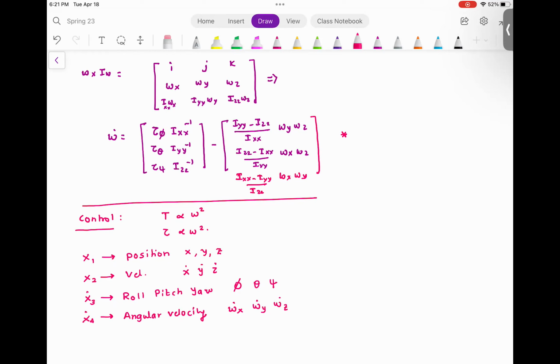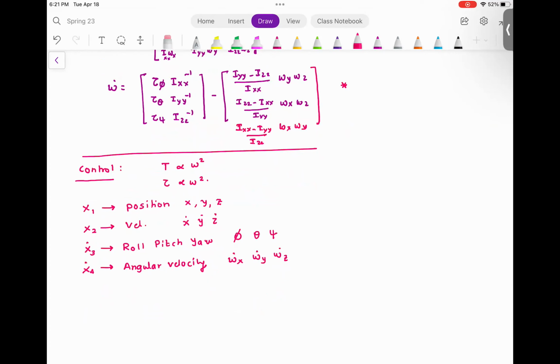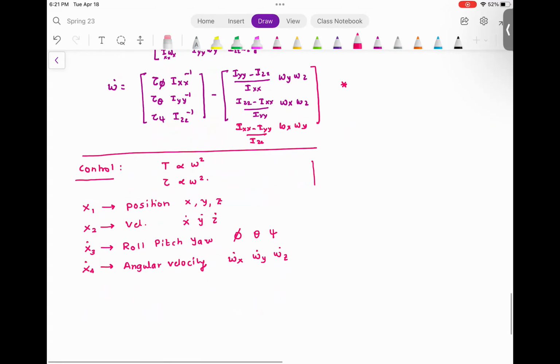Now I'm going to have a differential equation in x1, another in x2, another in x3, and another in x4 dot. I'm going to rewrite these differential equations like this. X1 dot is equal to x2.